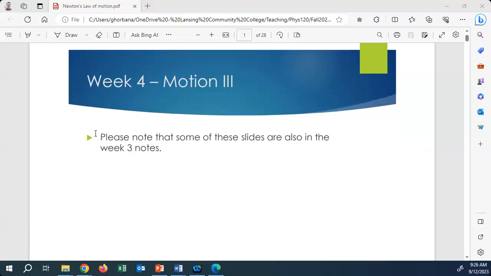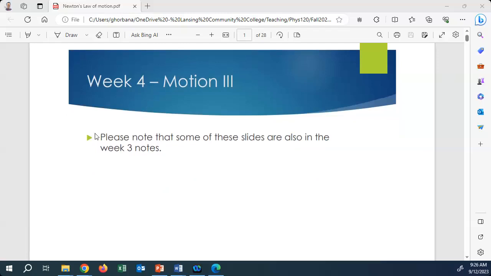What does it mean? It means that if the object is at rest, it stays at rest, and if it moves with constant velocity, it will move with constant velocity forever if the net force is zero.